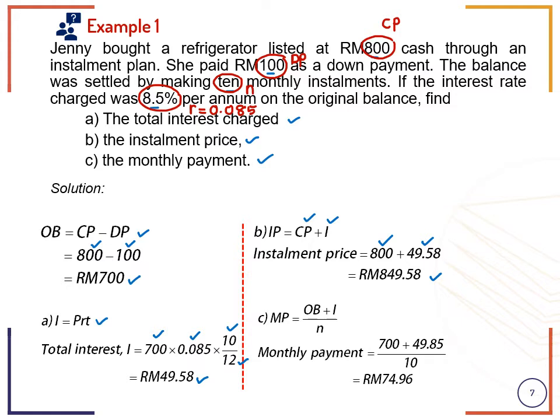To calculate the monthly payment, the formula is original balance plus interest, divided by N. Since the original balance is 700, interest is 49 ringgit 58 cent, and N is 10 monthly installments, the monthly payment is 74 ringgit 96 cent.